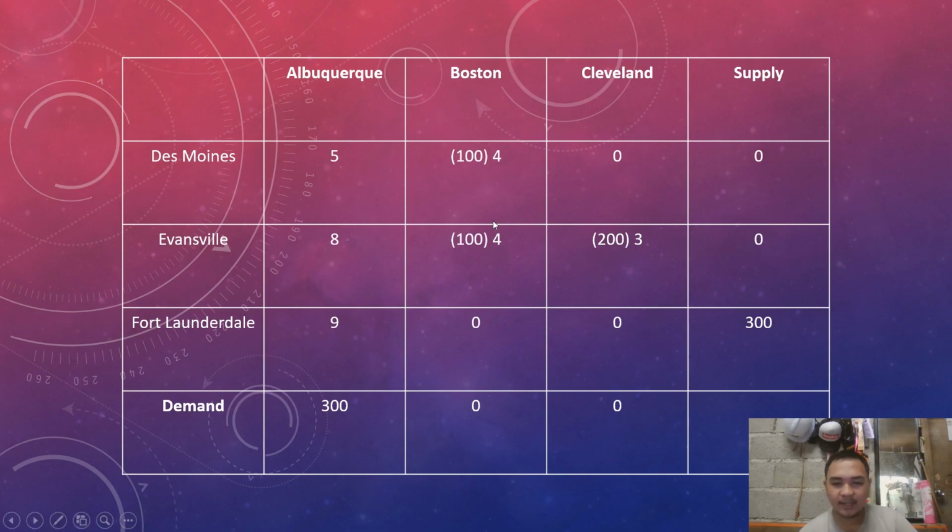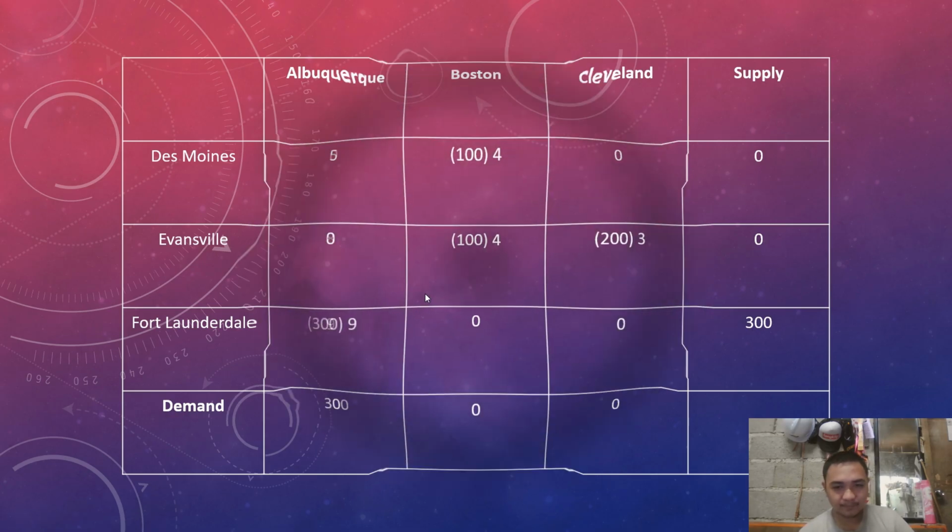So we allocate those, and then we need to look for the next. But since the only supplier that's left is Fort Lauderdale, we ended up allocating 300 of the units from Fort Lauderdale to Albuquerque.